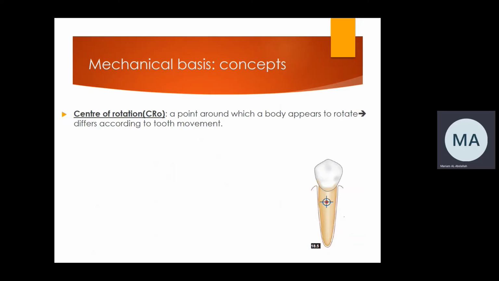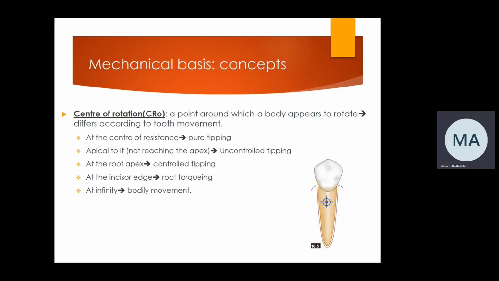They're a little bit different. Here, when we talk about rotation, it's more a mechanical or general concept. So center of rotation is the point around which a body appears to rotate. And of course, it depends on the type of tooth movement.